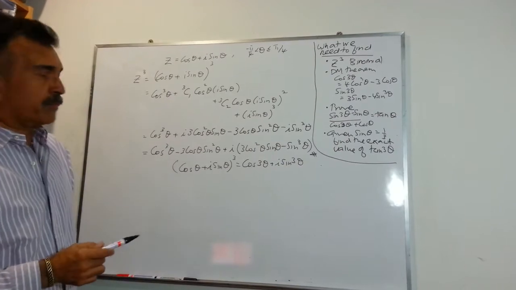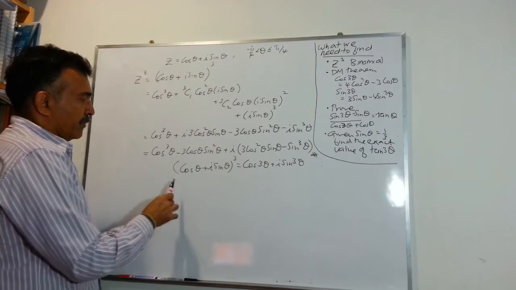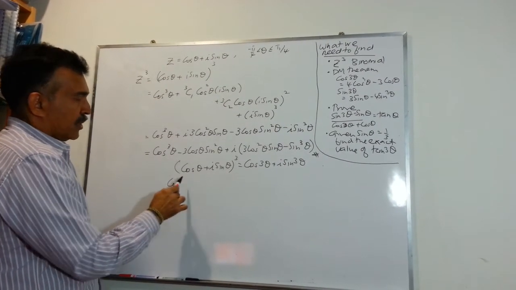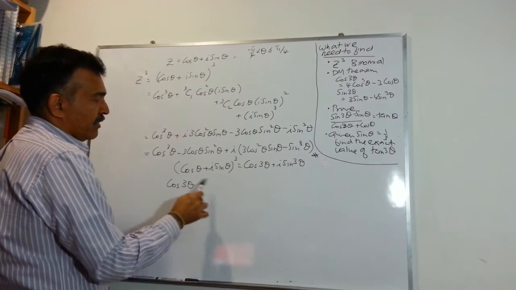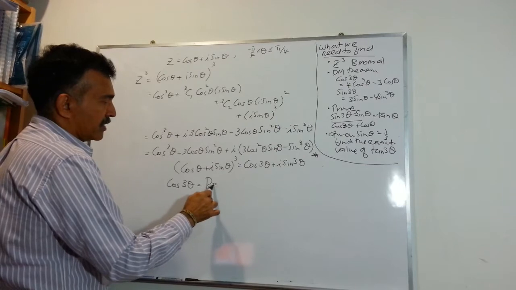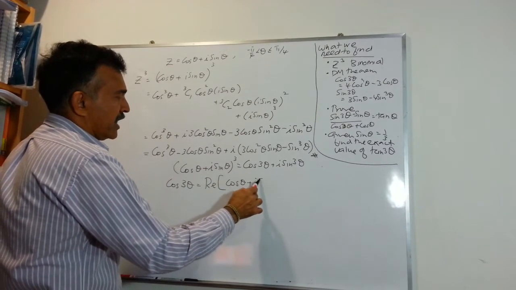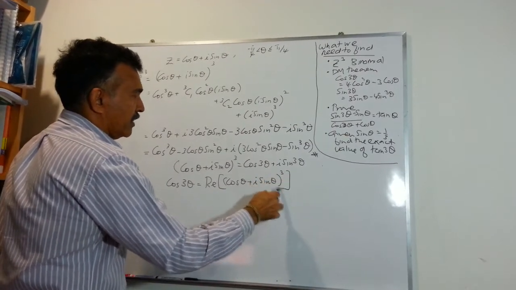Okay, you need to know that. So what do we see from here? We can write that cos 3 theta is the real part of cos theta plus i sine theta raised to the power of 3.